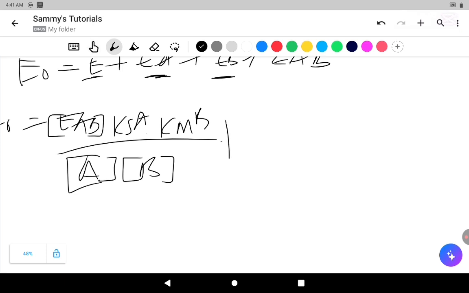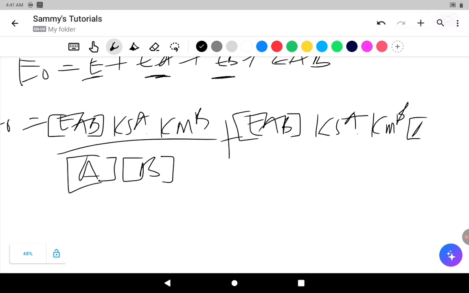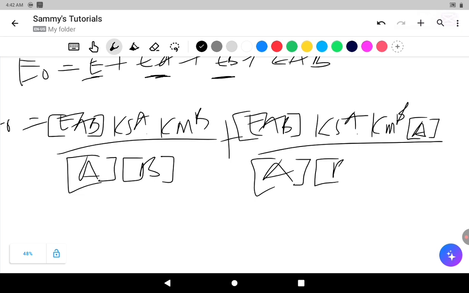Plus EA is equals to what in equation D? Is equals to EAB times KSA times KMB, then A, all over A. Thank God for those that are following, B and KSA.